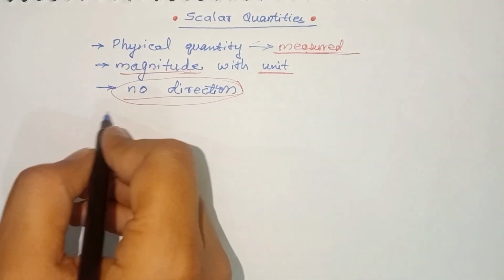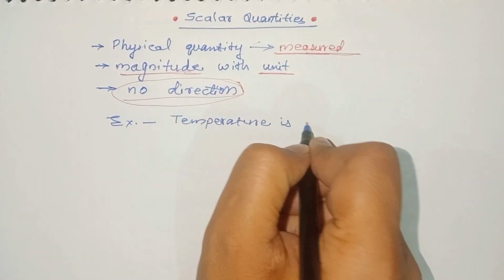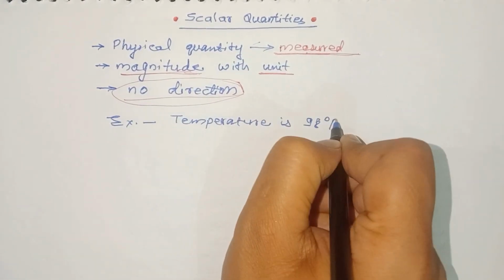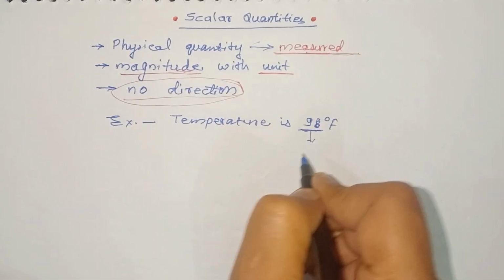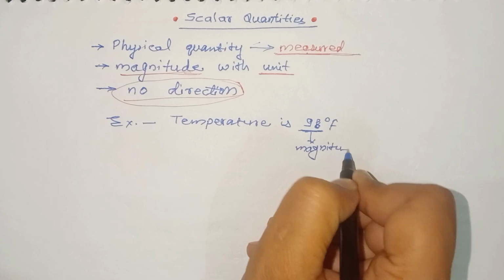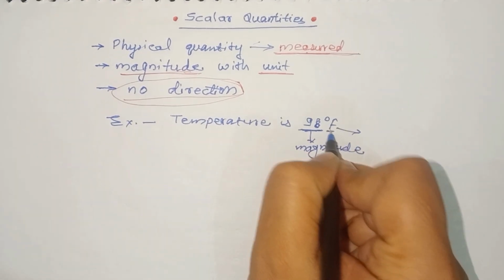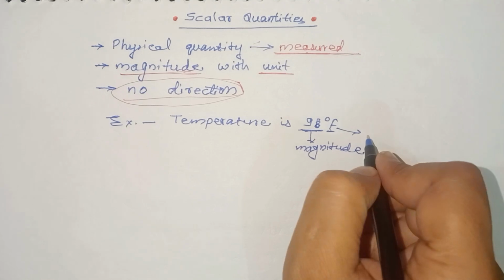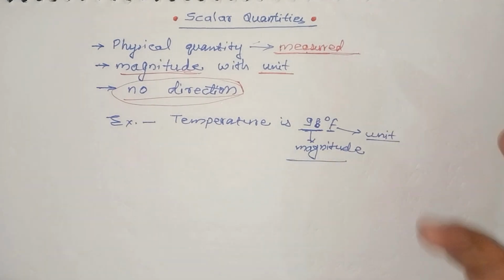For example, if we consider temperature is 98 degree Fahrenheit, this 98 is the magnitude, and degree Fahrenheit is the unit. It has magnitude, it has unit, and where is the direction?